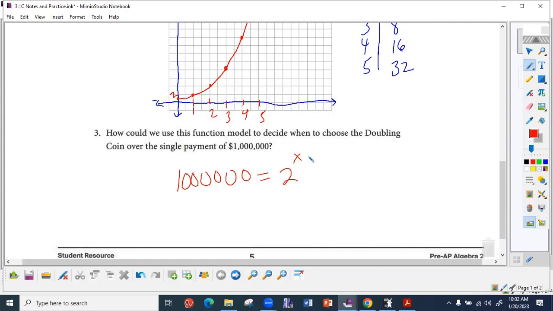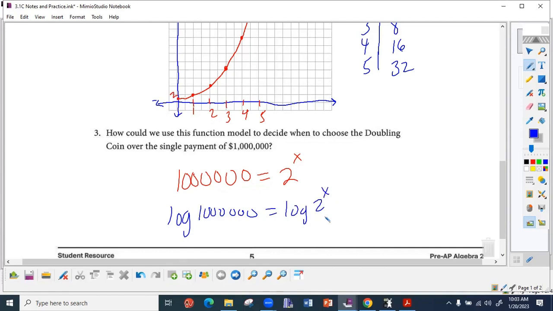Does that make sense? Now, would I want to try to figure out how 1 million can become a base of 2? No. What would be the fastest way for me to solve this? The log. I would take the log of both sides. So I'm going to take the log of 1 million equals the log of 2 to the x.